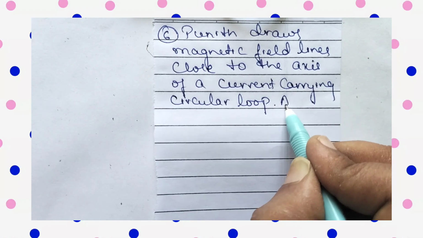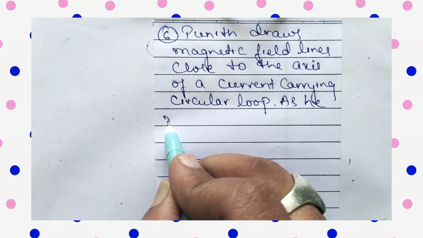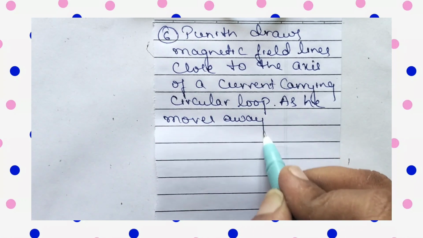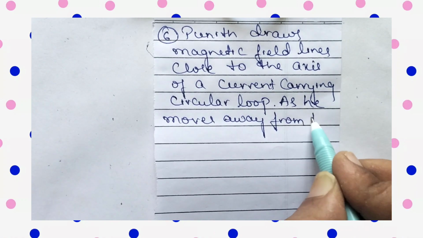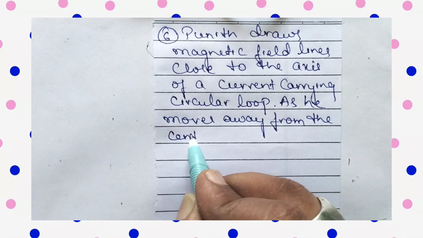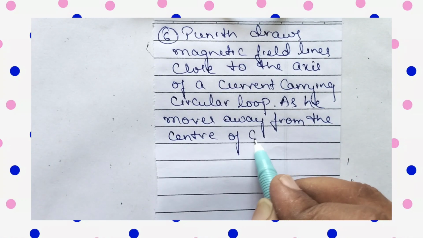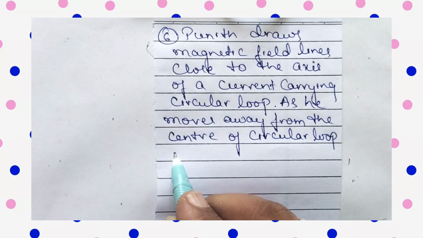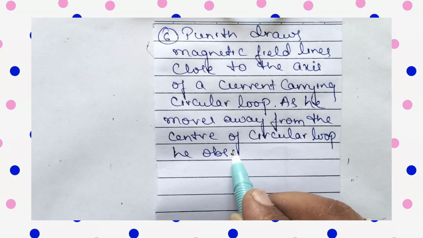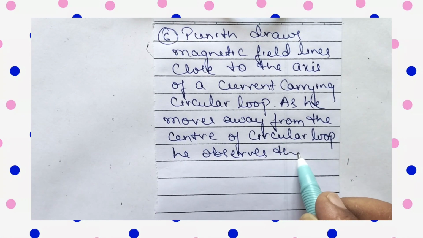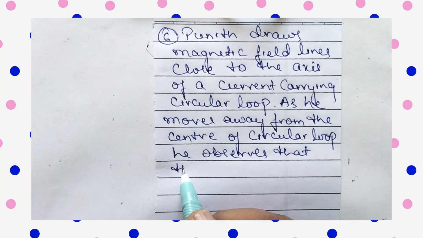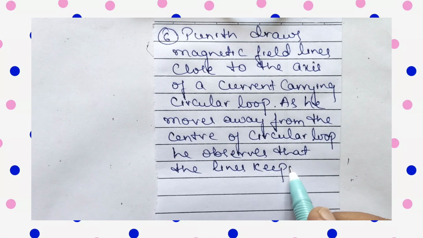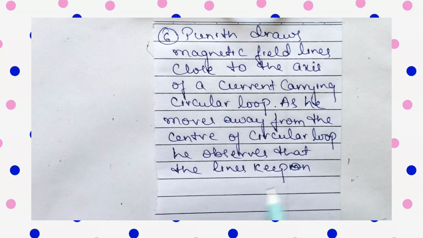As he moves away from the center of the circular loop, he observes that the magnetic field lines keep on diverging.